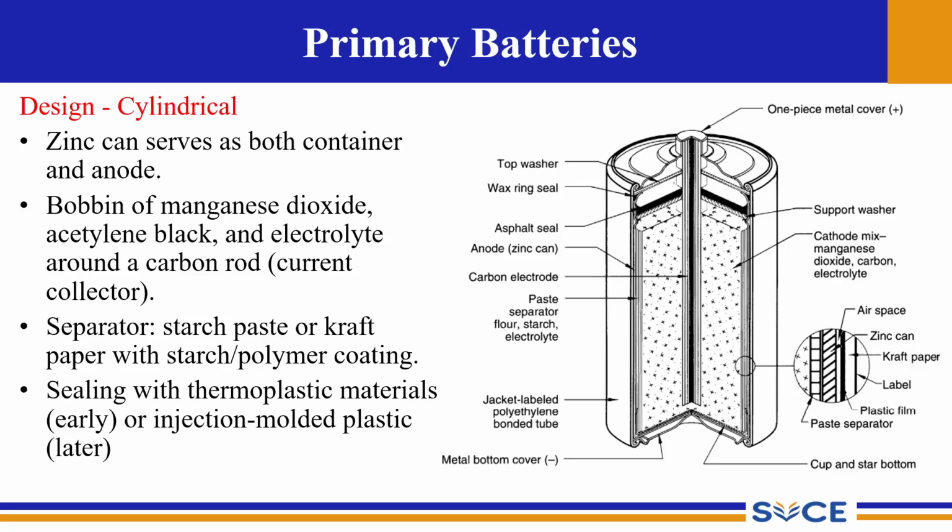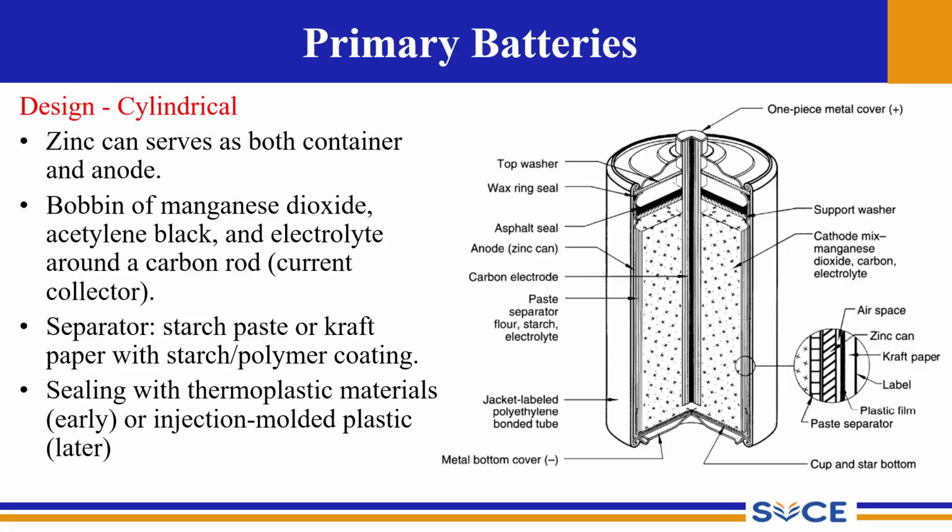Some time or other, we would have opened these batteries and seen the bobbin, which is basically a carbon rod. This carbon rod is inserted into the center of the bobbin. This rod, which is often wax impregnated, acts as the current collector for the positive electrode, which is the cathode. It also provides structural support while allowing gases to escape.